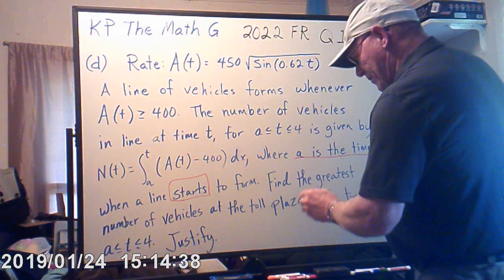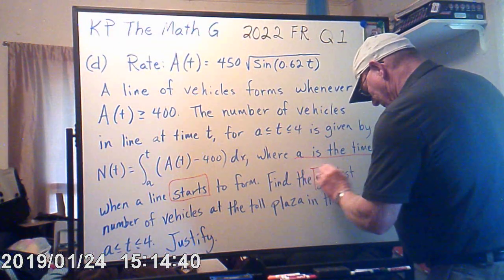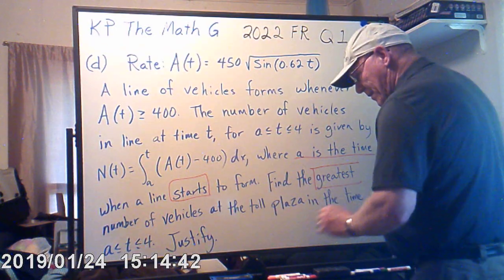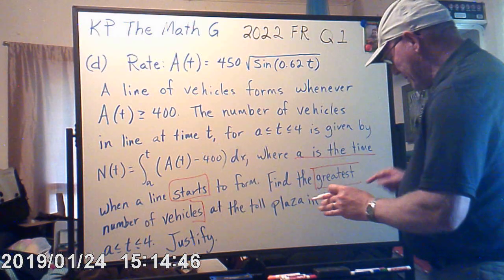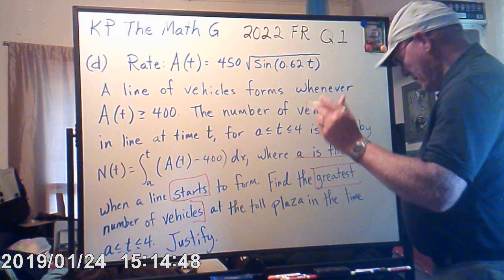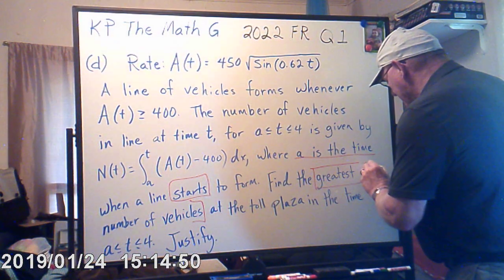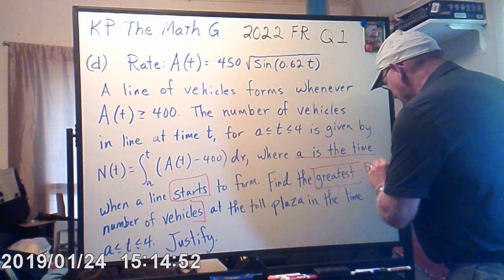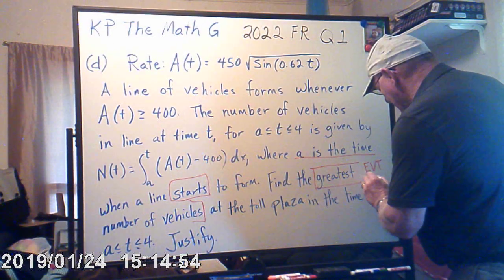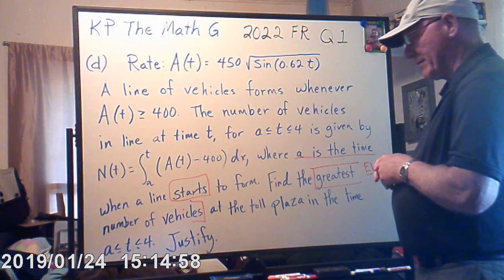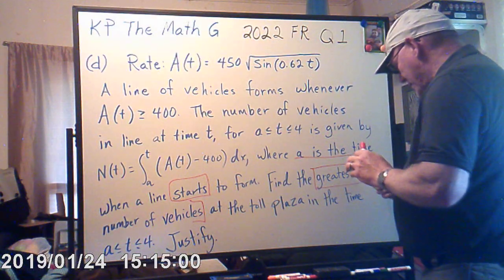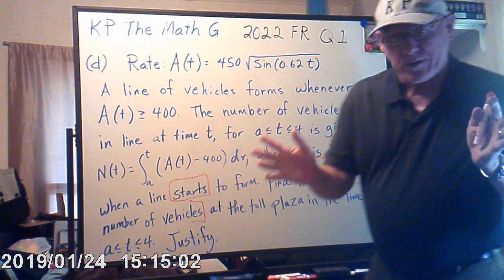And then find the greatest number of vehicles. That is going to be EVT immediately. To me, in my mind, that's a candidates problem, and I'll show you what I mean by that. EVT means you look at the endpoints.